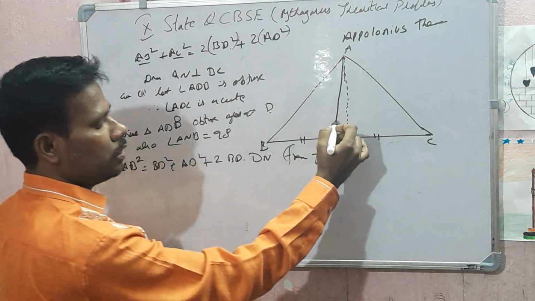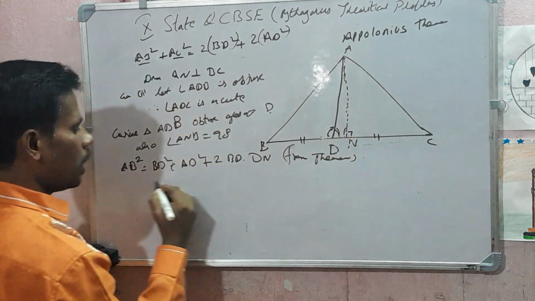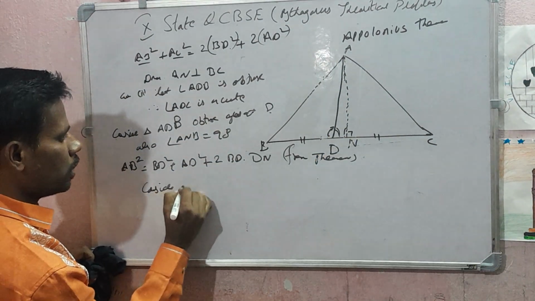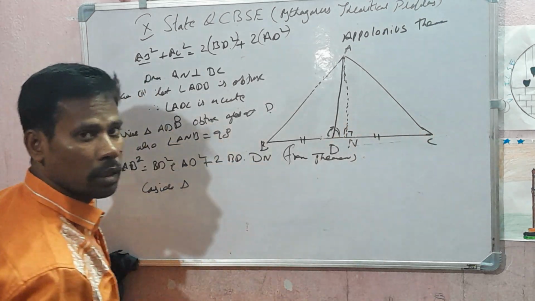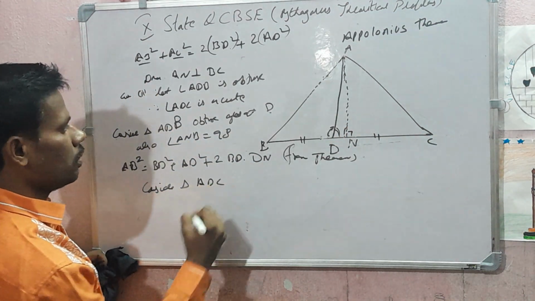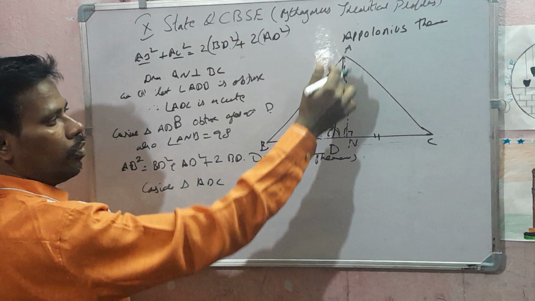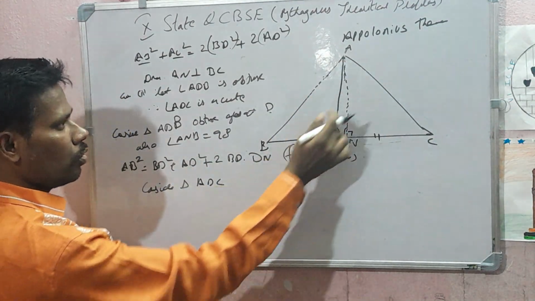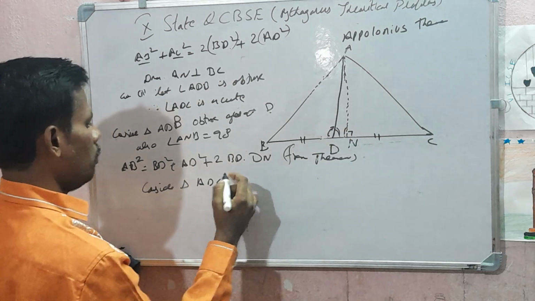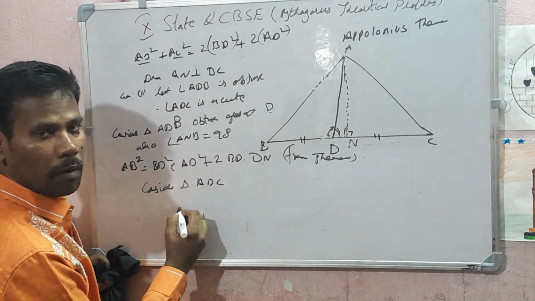Next, again this is an acute angle. Consider triangle ADC, right? Now consider triangle ADC. So we apply the Pythagoras theorem.